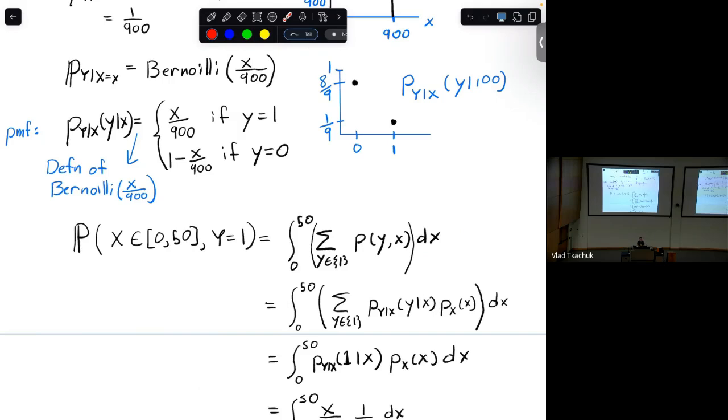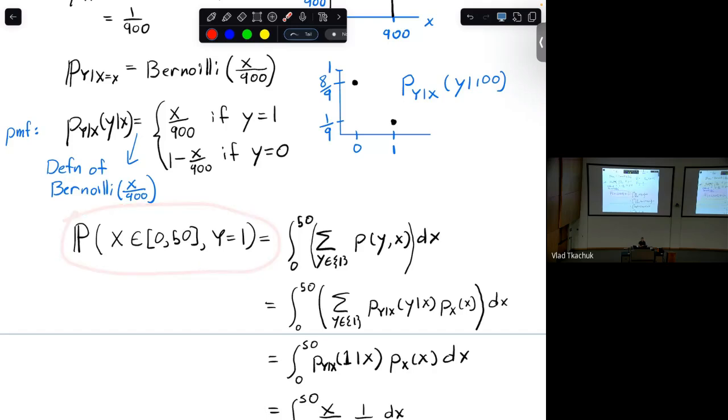Now here's the calculation. Someone might come up to you on the street and ask, what's the probability that I got some wine where the amount of chemical in that wine is between 0 and 50 grams, and that wine is Barolo? That would be this thing here.